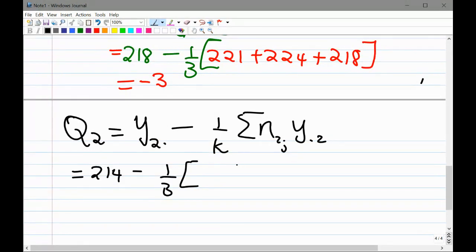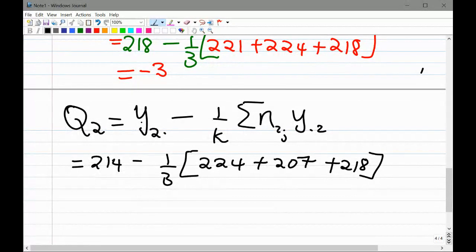We don't have the value in the first block, so 221 multiplied by 0, there's no need for us to write that one. 224 plus 207 plus 218. Find the answer, please. If it has decimals, write it in fraction form.